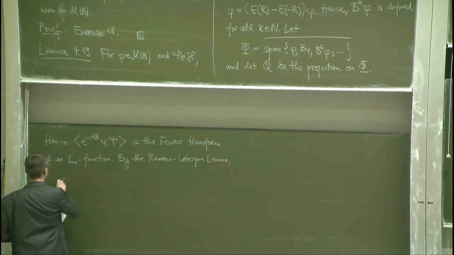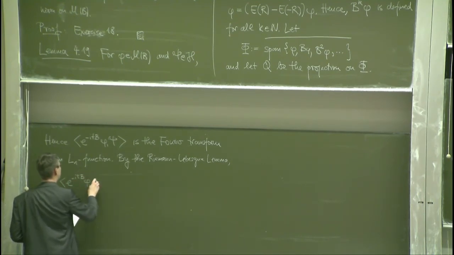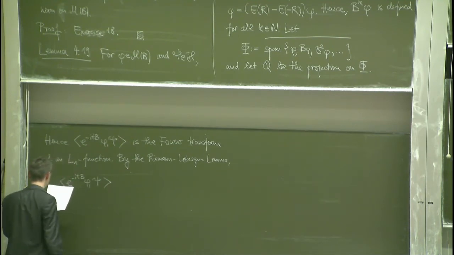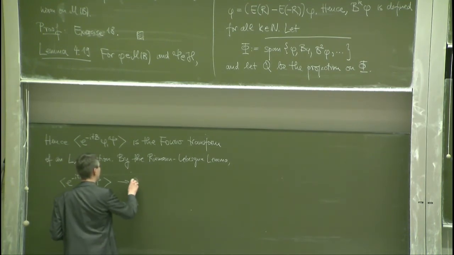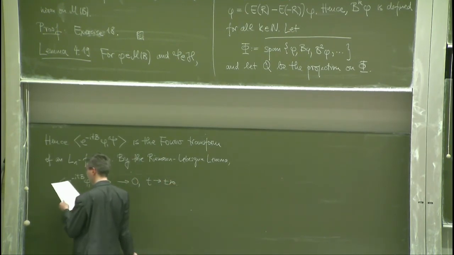We find that the scalar product of exponential minus ITB phi with psi must converge to 0 whenever t goes to plus or minus infinity.